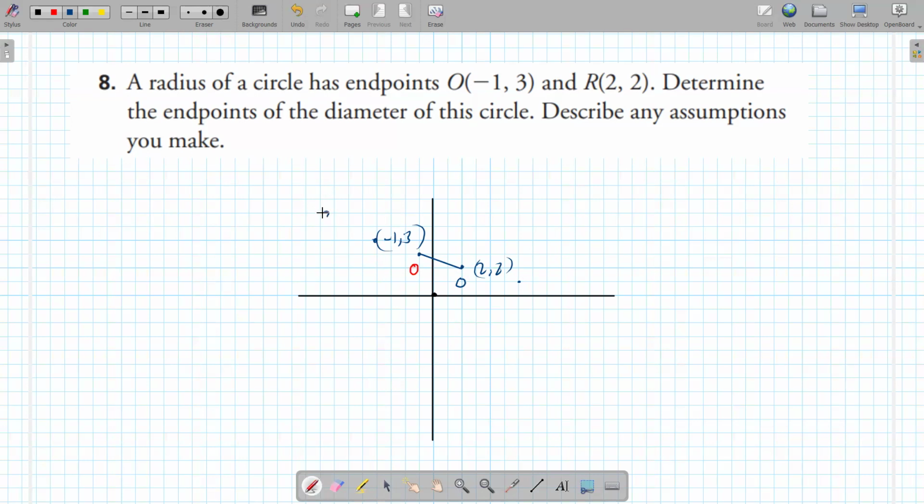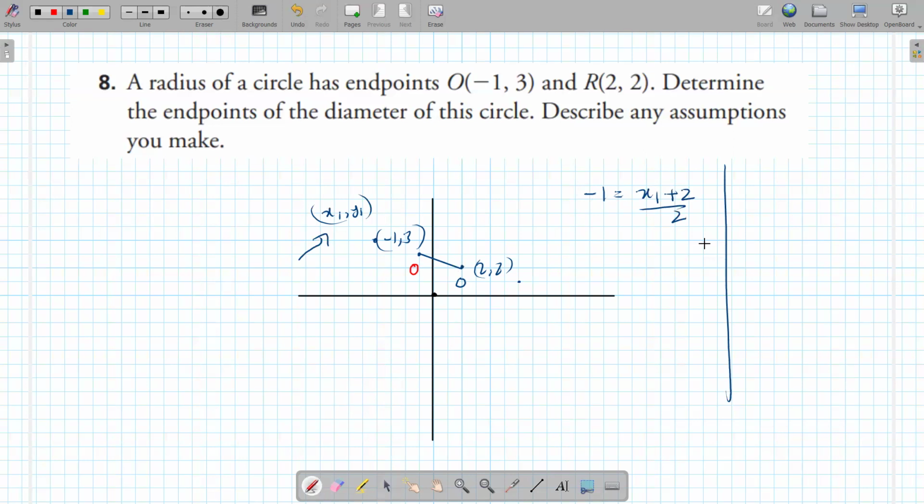So let's say it's over here, x1, y1. Is the radius the midpoint of a diameter? Yes, it is. So it's going to be x1 equals -1 plus 2/2. No, I messed that one up because it's the midpoint. The midpoint will be x1 plus x2/2.